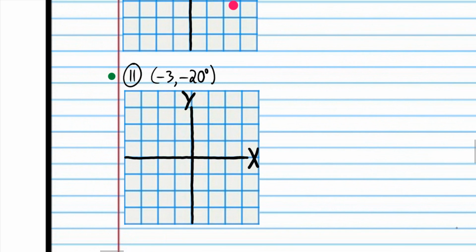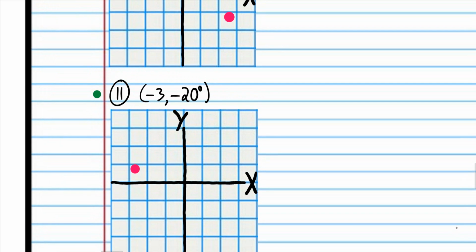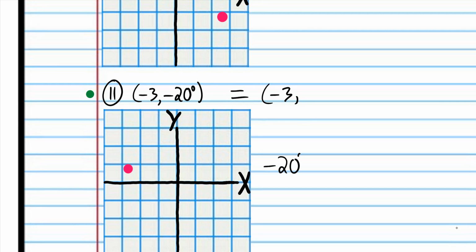Okay, we're back, so I'm going to count 3 units to the left. I'm going to rotate negative 20 degrees, which would bring us to about there, roughly. So we graph the point, and now we need to change negative 20 degrees to radian units, and we get negative 20 pi over 180.